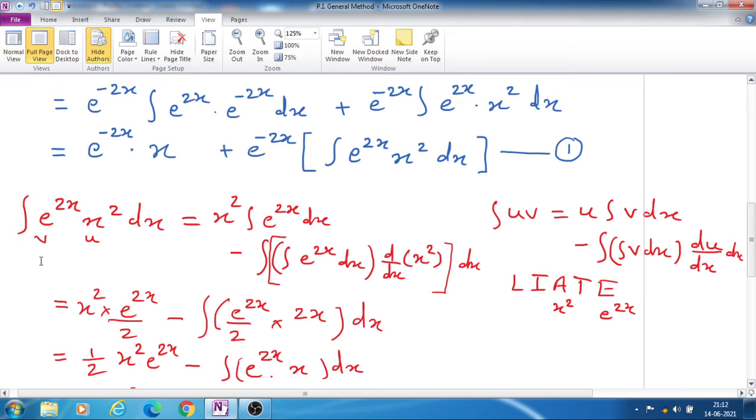So integral e raised to 2x into x square dx is equal to, now how can we find this integral? Here you must remember the formula, that is integration by parts, or integration u into v.